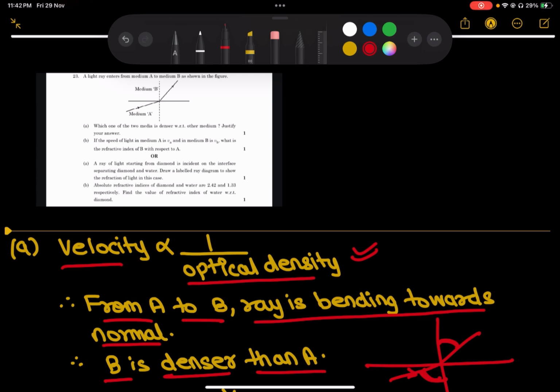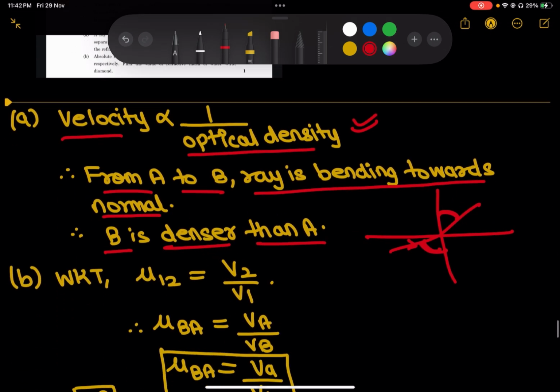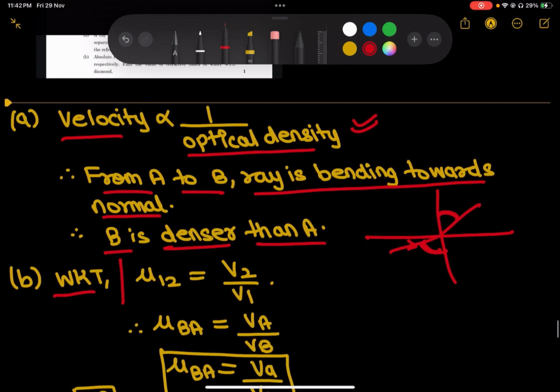Now the B subpart. If the speed of light in medium A is VA and in medium B it is VB, what is the refractive index of B with respect to A? We have learnt the formula: mu12 is equal to V2 upon V1.